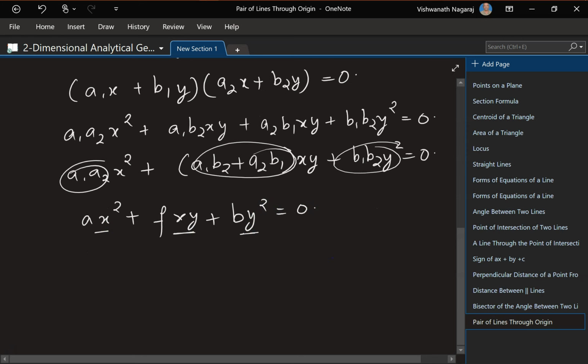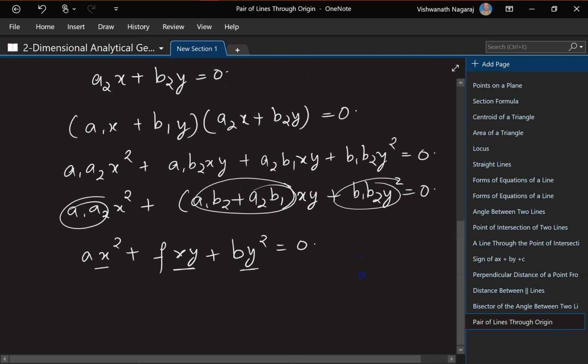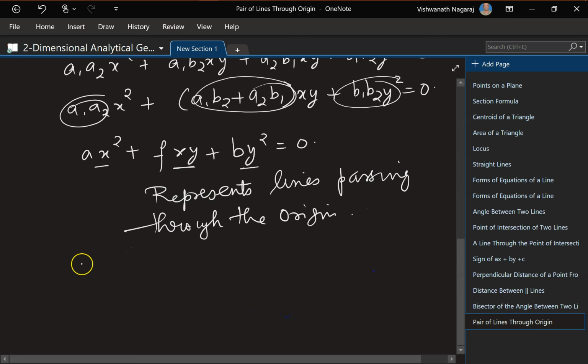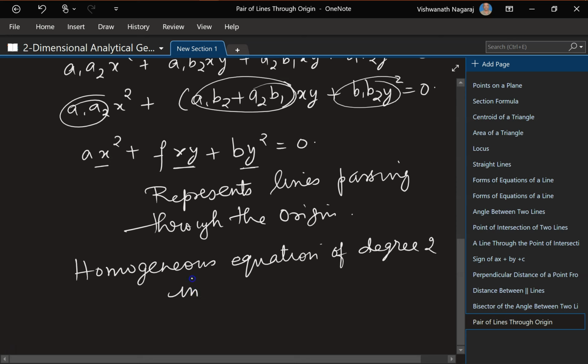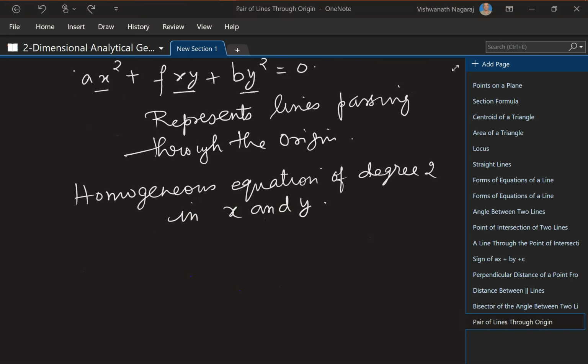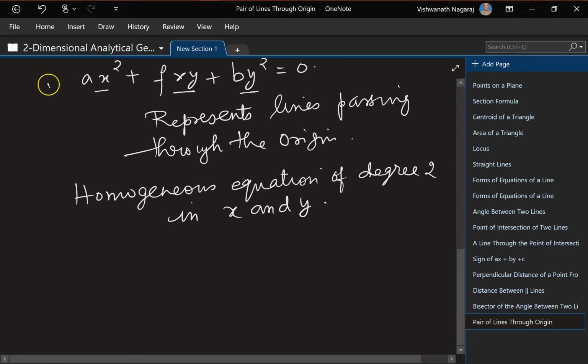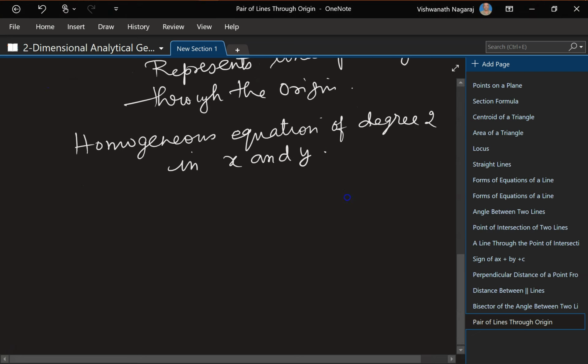Now this equation represents two lines passing through the origin. This is called a homogeneous equation of degree 2 in x and y. Now remember, this equation is for two lines passing through the origin.